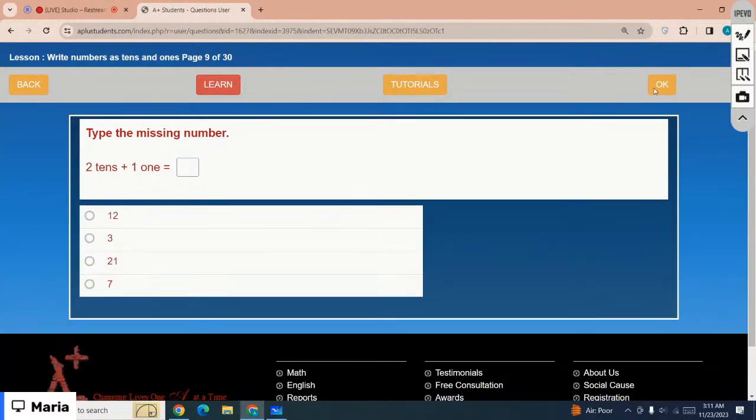Type the missing number: 2 tens and 1 ones.